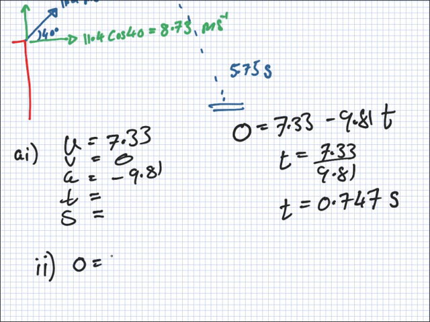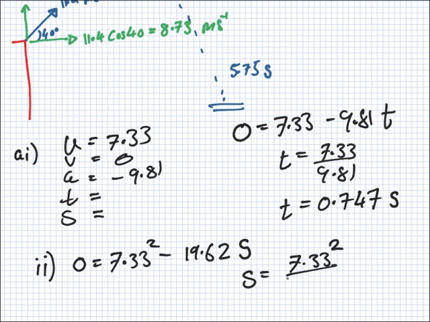V squared equals U squared plus 2AS. 19.62 S. So then S equals 7.33 squared over 19.62, which equals 2.738, so 2.74 meters.